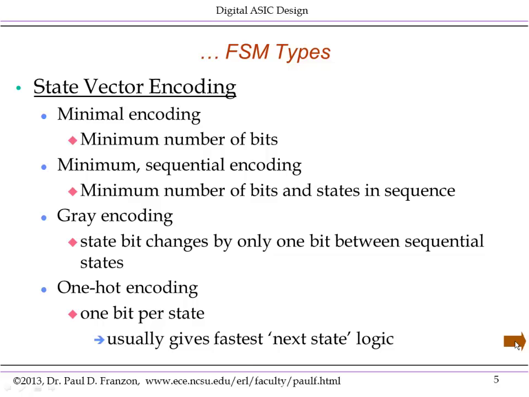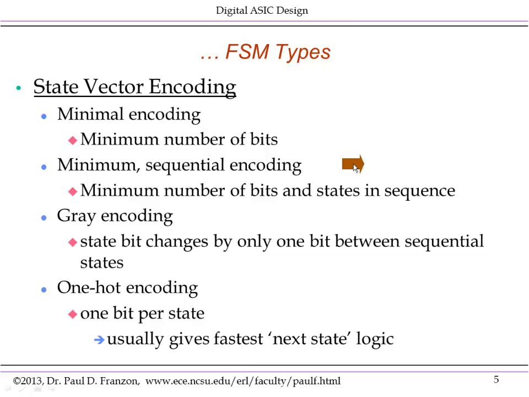We also have to discuss the different ways to encode the state vector. There are 4 commonly accepted alternatives. Minimal encoding, that is, minimum number of bits. That is, of course, n bits in the state vector can encode up to 2 to the n states. Often we express these sequentially.